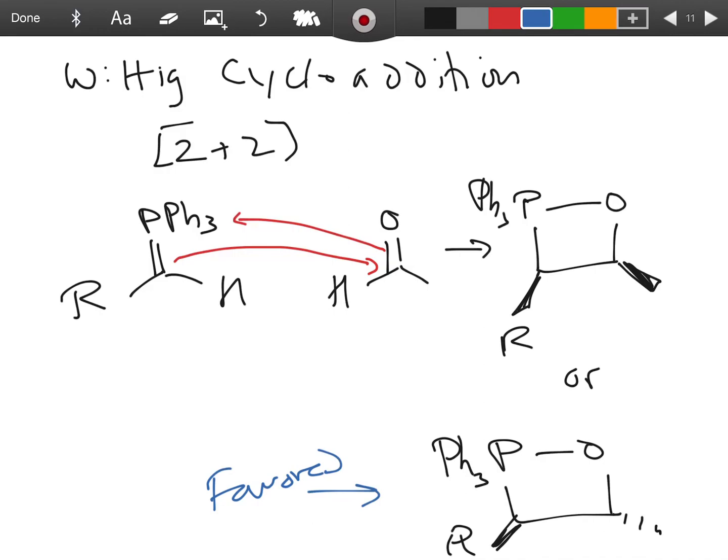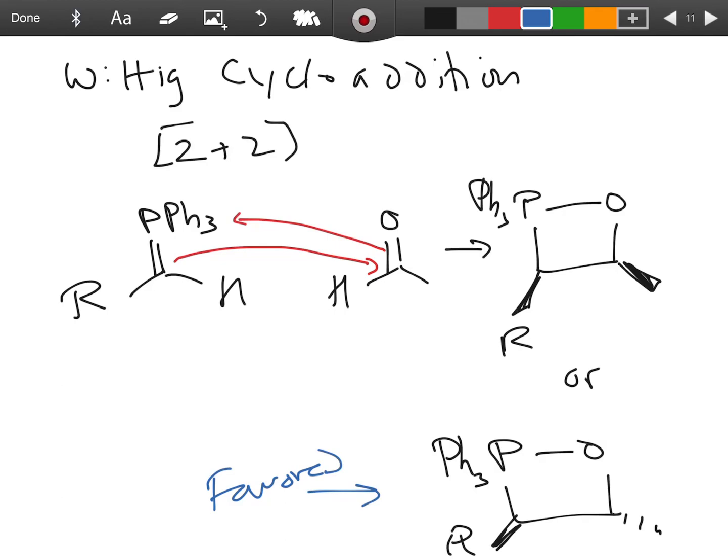So how the sterics of that approach are is what's going to dictate the selectivity in the reaction. How stable the oxaphosphatane is doesn't matter. The oxaphosphatane that you end up making, the one that is preferred in the reaction, is actually less stable because it has the two R groups on the same side.